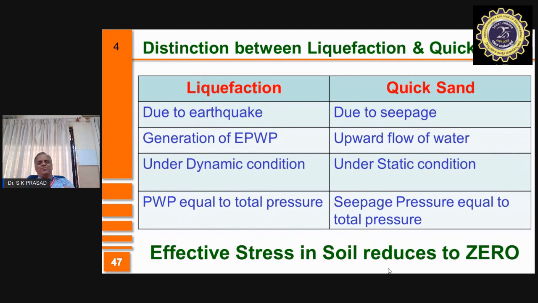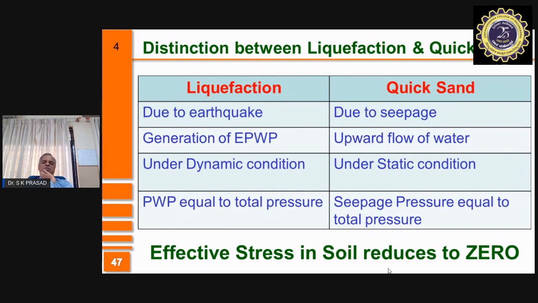People may ask, what is the relationship between quicksand condition and liquefaction? The relation is that both of them cause effective stress to become zero, and both of them will reduce the strength and stiffness of soil very quickly.